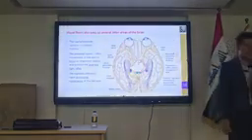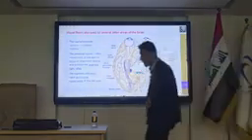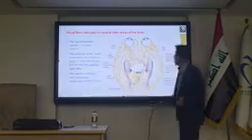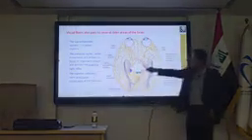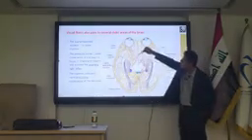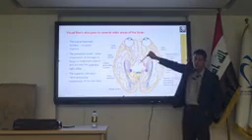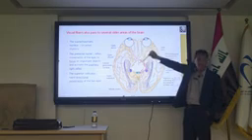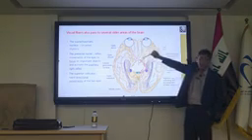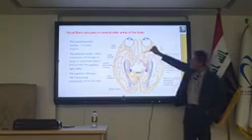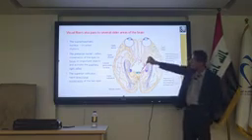Okay, I told you that we have a new pathway and an old pathway. The old pathway goes to different areas. From the retina, some of the fibers go to the suprachiasmatic nucleus: internal clock, circadian rhythm. Some other fibers go to the pretectal region.